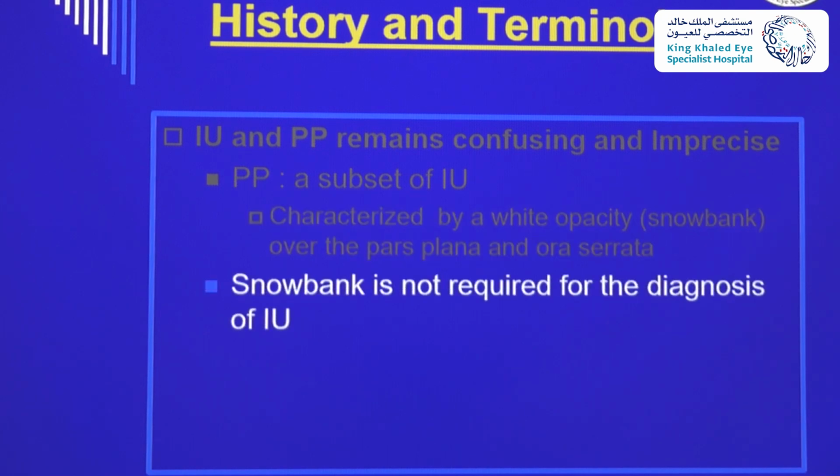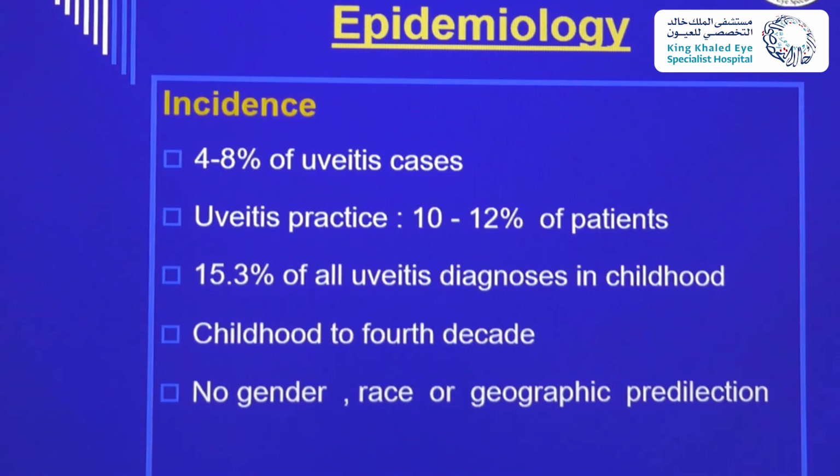So when you have a patient with, for example, Behcet's disease or tuberculosis presenting with intermediate uveitis, you cannot say that this is pars planitis, although you can see the snowballs and snowbanking. And usually it could be associated with a worse prognosis. So a diagnosis of pars planitis, idiopathic intermediate uveitis in the form of pars planitis, usually carries a poor prognosis.